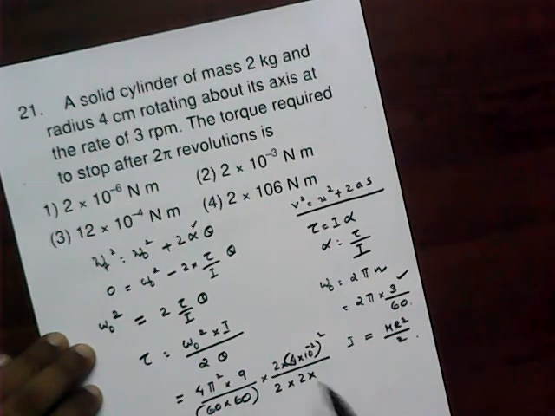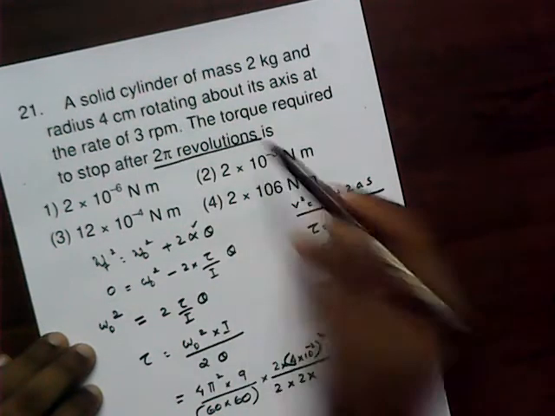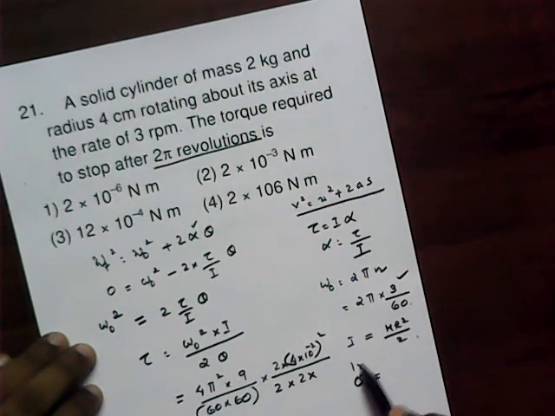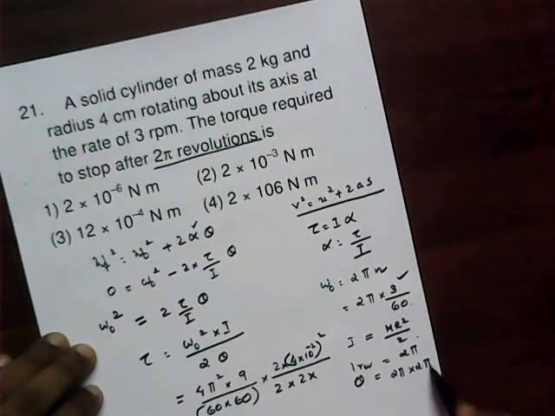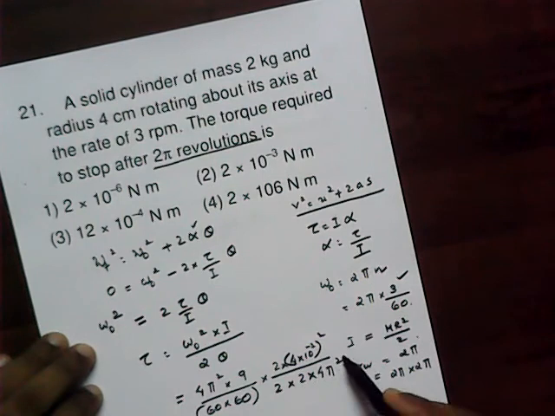So 2 into theta, a good important concept. Here it's 2 pi revolutions. One revolution takes the value 2 pi radian, so 2 pi revolutions take the value 2 pi into 2 pi, which is 4 pi square. The 4 pi square cancels.